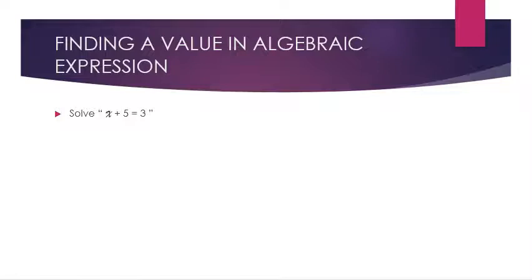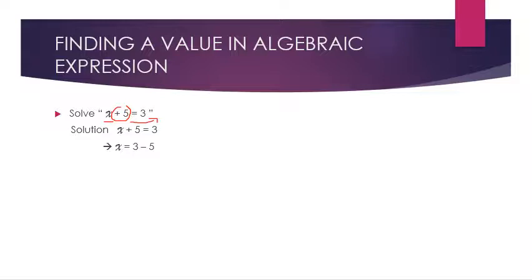Solve x plus 5 equals 3. Now we need to find the letter x. The step is, we first need to let x stay alone. So we move the 5 to the other side, going from the left to the right side of the equal symbol.